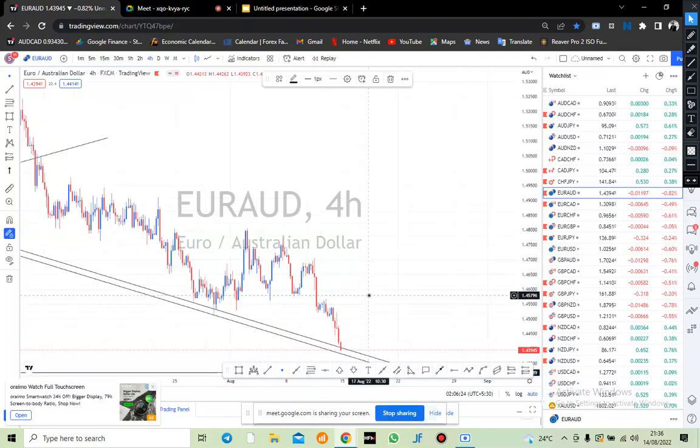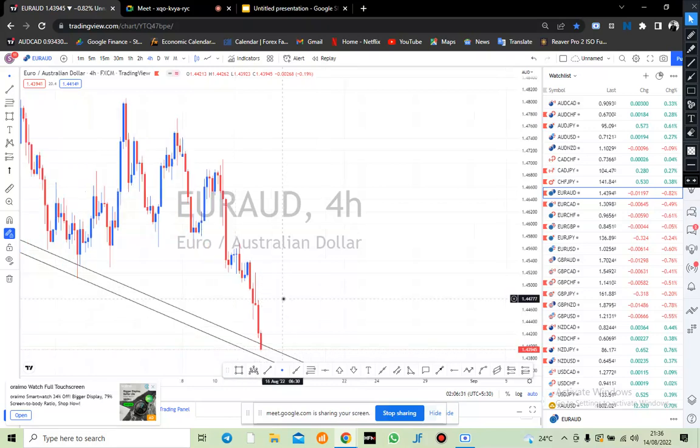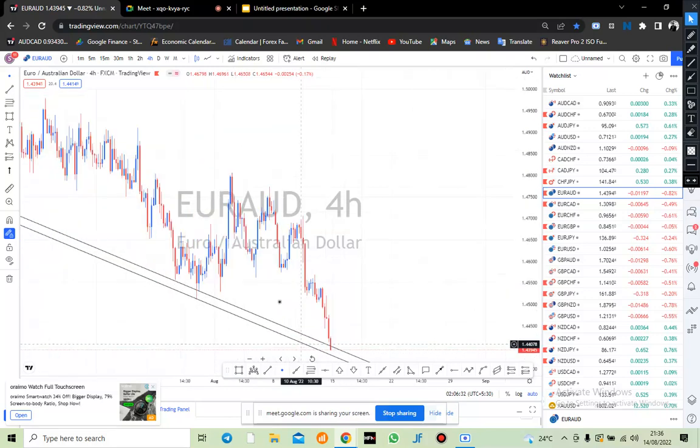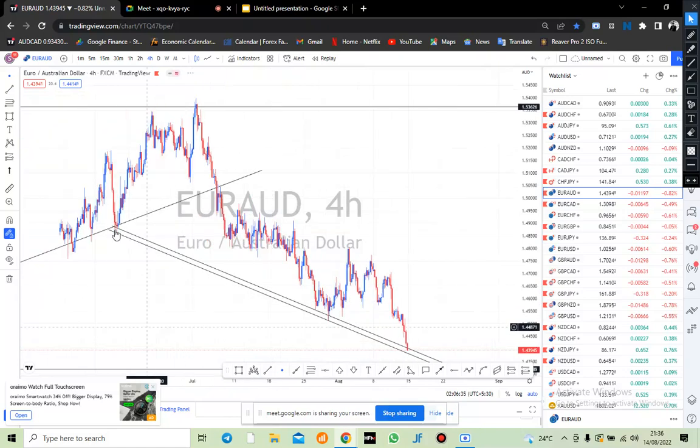Now Euro AUD is at the level, right? Euro AUD is at the support trend line zone, because you can see how the market reversed from the support trend line, reversed here, and now it's at the level the third time.